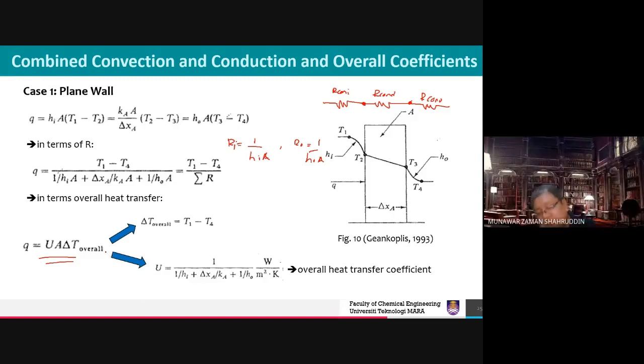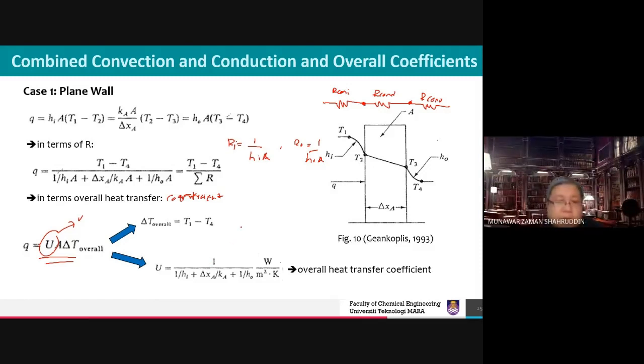So this is a new type of equation. This one is basically the coefficient that represents the overall heat transfer coefficient. We call it the overall heat transfer coefficient. So to state that, your system has the convection coefficient and the conduction coefficient.